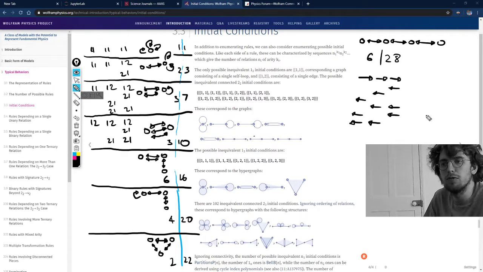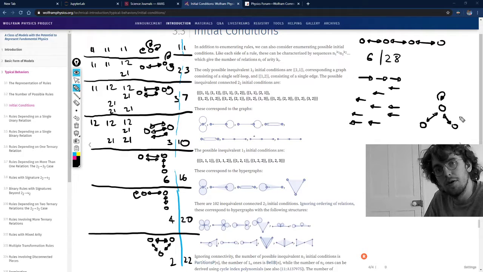One more we can have, which we haven't looked at, is this, where this is a loop, which they can both be pointing towards, they can both be pointing away from, or one can be pointing away from, so that's 3 more, bringing us to 31.